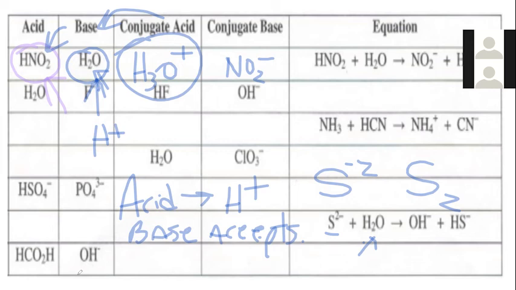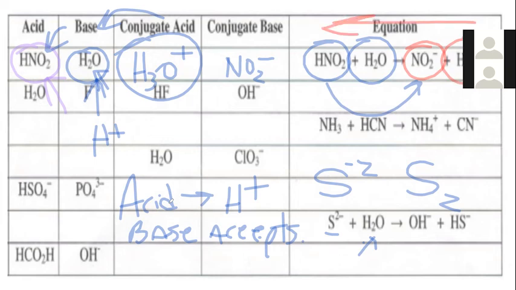So the overall equation is there's the acid, there's the base, there's the conjugate base, and there's the conjugate acid. The conjugate means if it went in the opposite direction, this would be the acid donating the proton, and this would be the base accepting it.